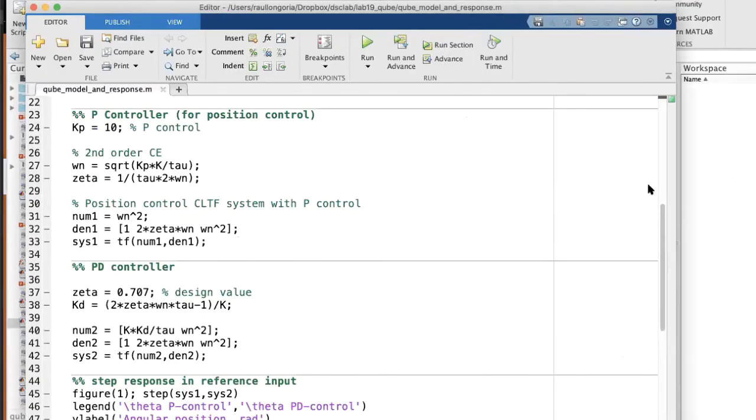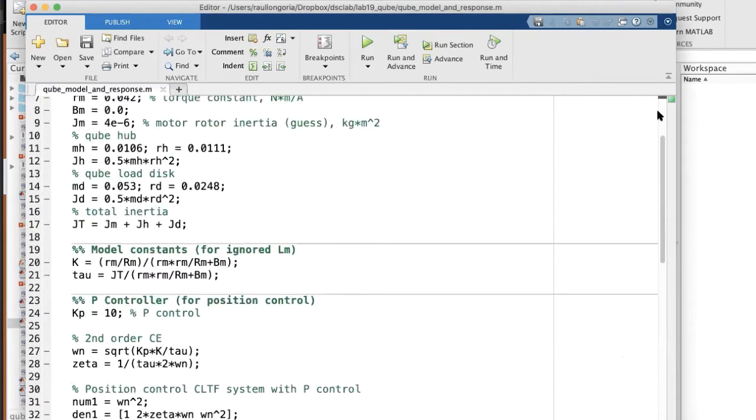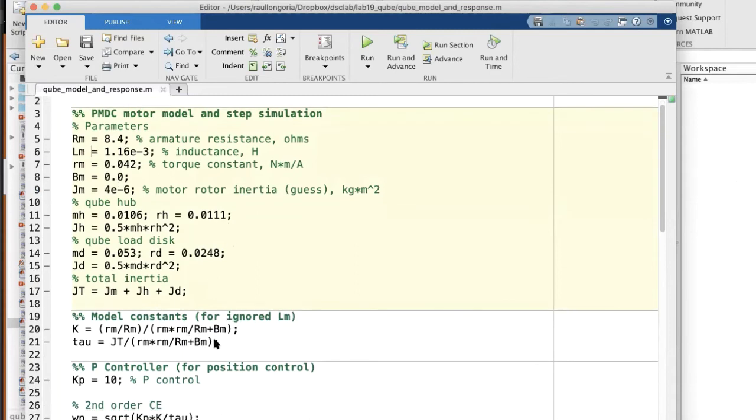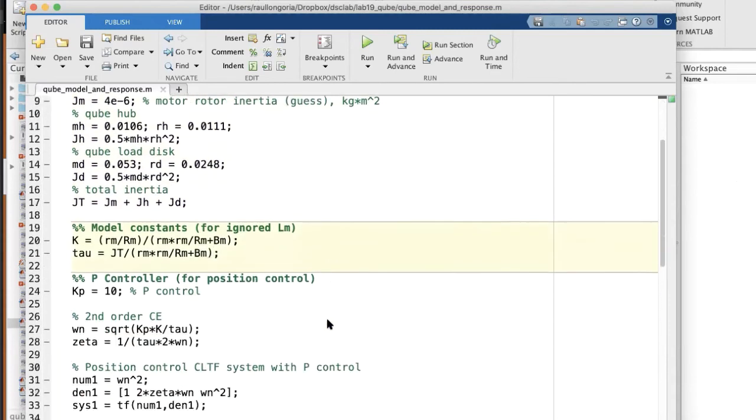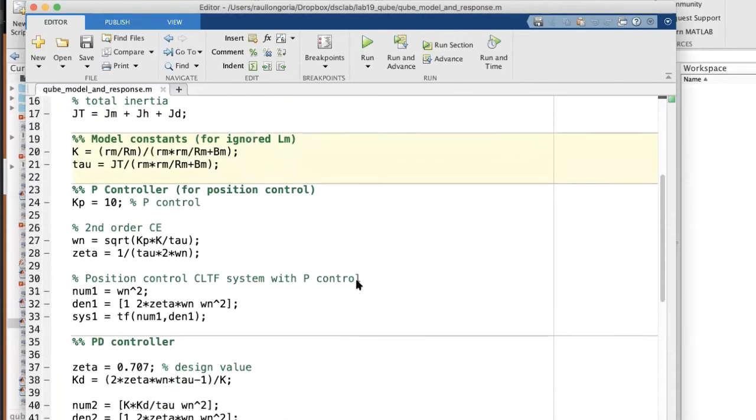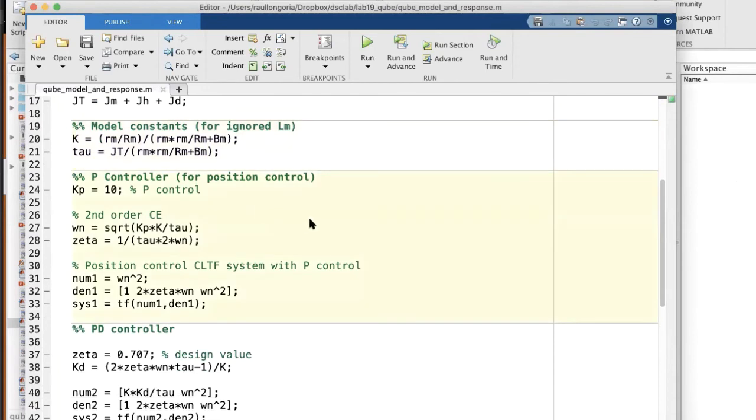Okay, so all I did in this MATLAB script, and you can download this from the lecture page, is I put in here all the motor parameters, and you guys have your own values that you should use. Then here are the formulas for K and tau. Basically, this summarizes for you even some of the answers for the pre-lab questions. And then here's a P control just for position control.